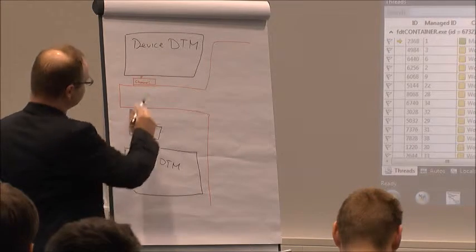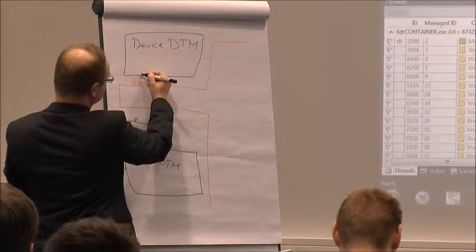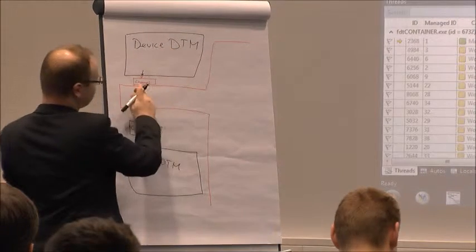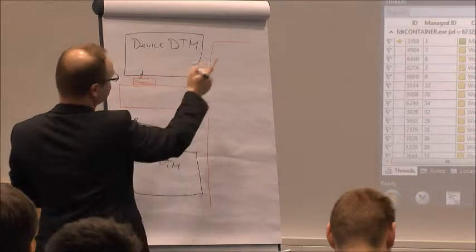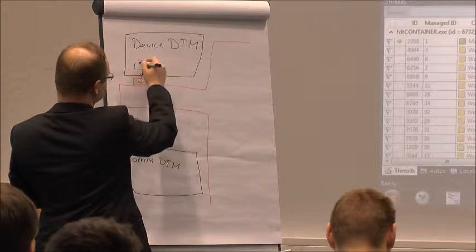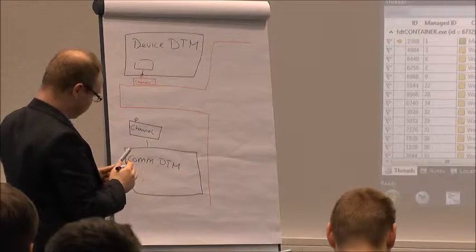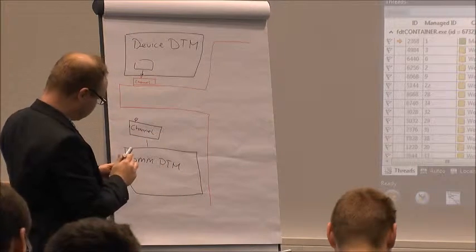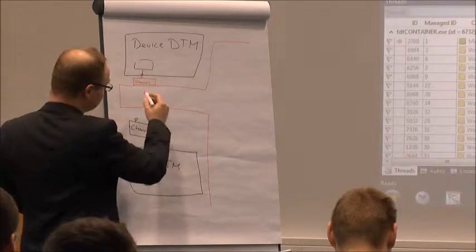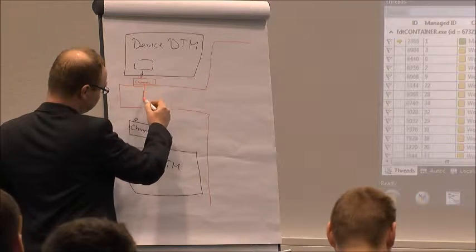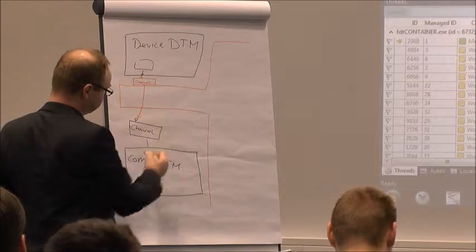And the device DTM gets a reference to this proxy channel. So we are basically talking to this proxy channel. And now it's up to the frame application how to forward the things from here to here.